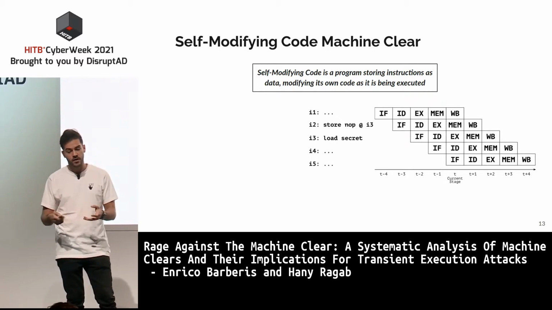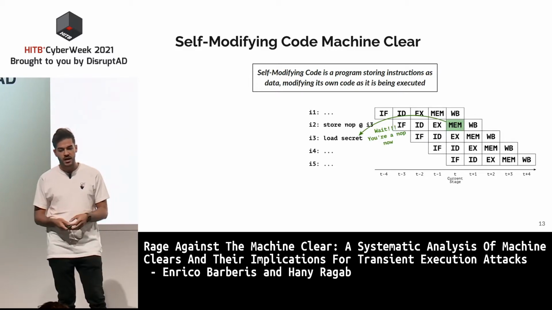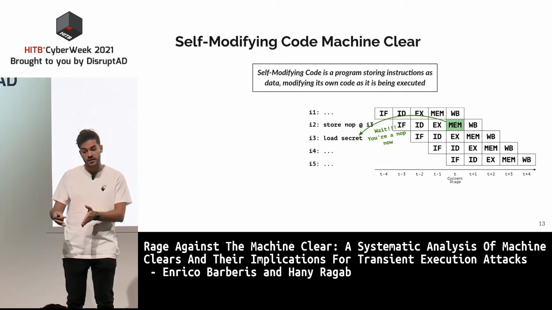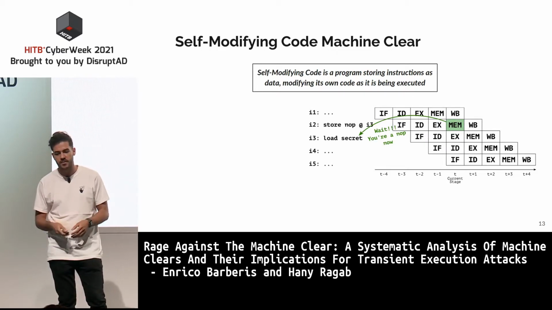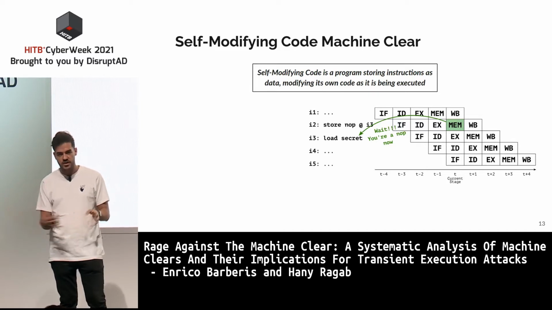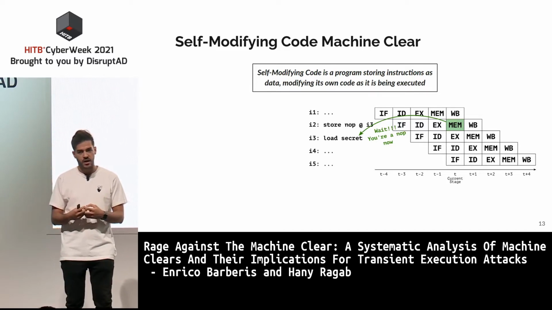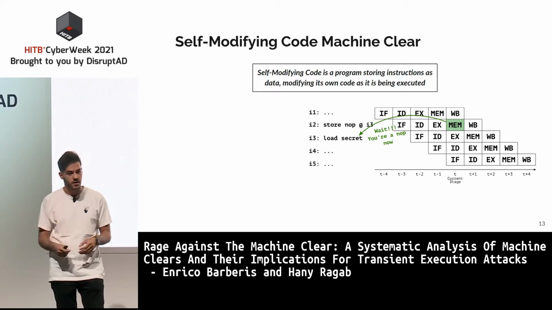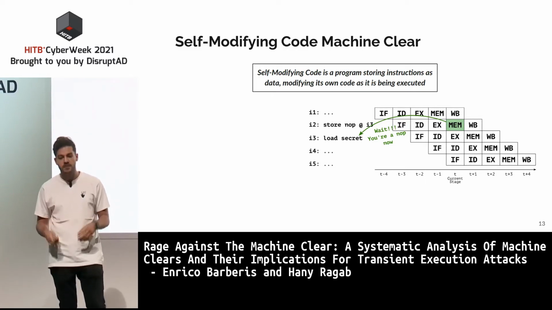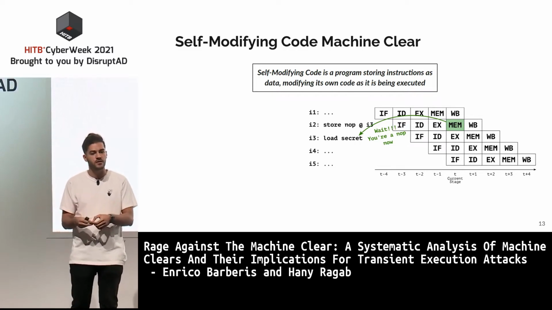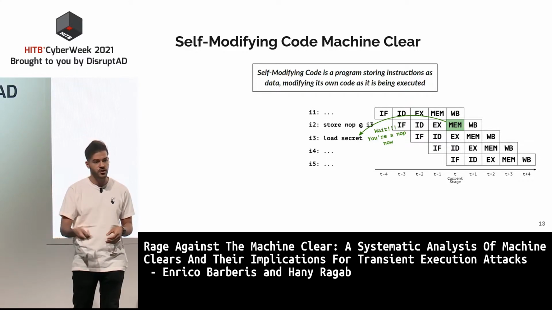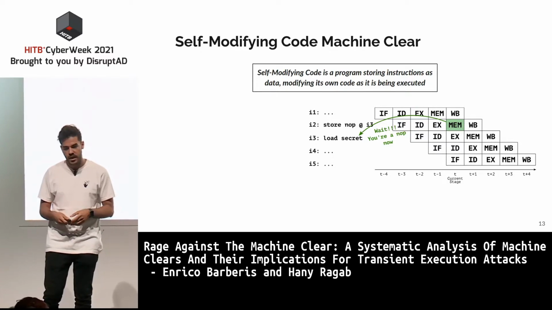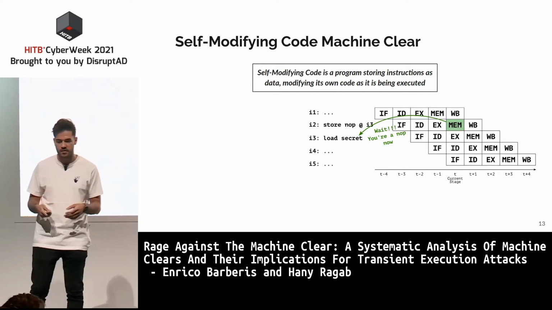And whenever the front end of a modern CPU detects a store instruction trying to modify code that has already been fetched, decoded, and executed, so it's already residing in the pipeline, it will have to flush its pipeline from the previously and speculatively executed instruction, in this case the load secret that was already in the pipeline, and fetch and execute the new code that is being stored, in this case the no operation, because this is what the program is doing. It needs to modify the code, and therefore the instruction stream inside the front end.